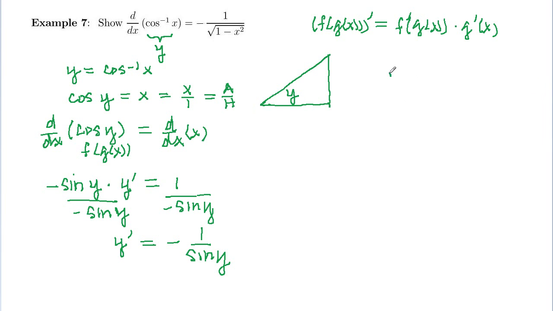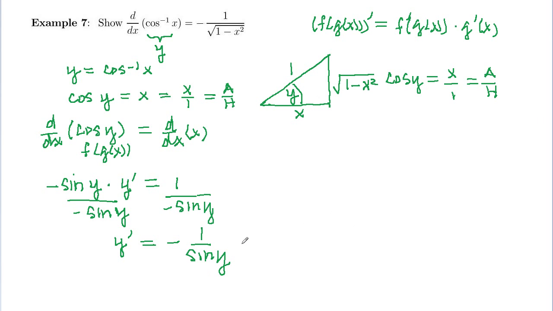So here, cosine of y equals x over 1 equals adjacent over hypotenuse. So our adjacent side is going to be x. So here's your angle y. Adjacent side's x. Hypotenuse is 1. And so the opposite side is going to be square root of hypotenuse squared, 1 squared is 1, minus the adjacent squared, x squared.